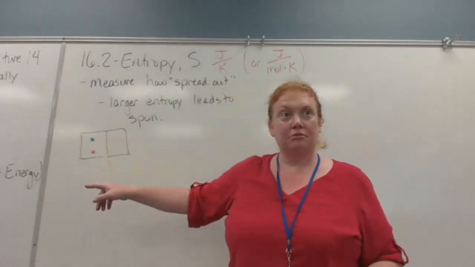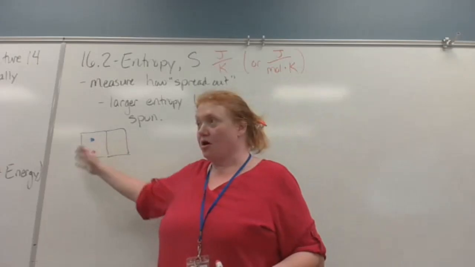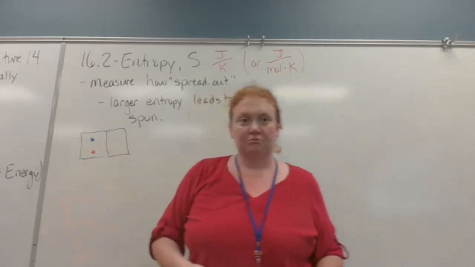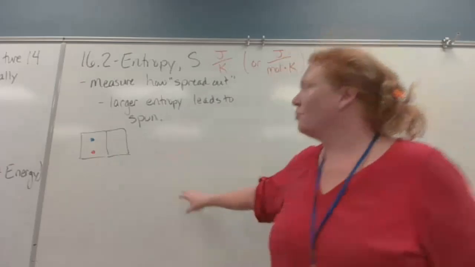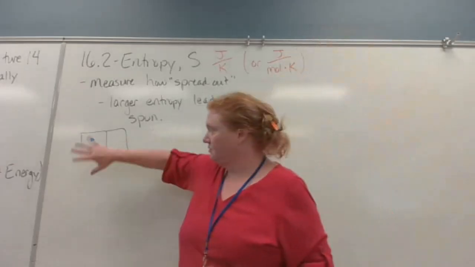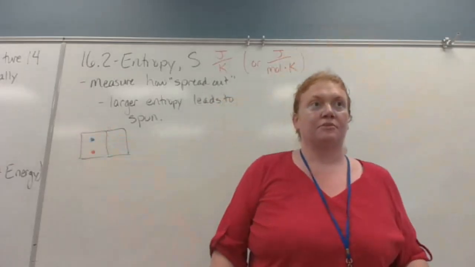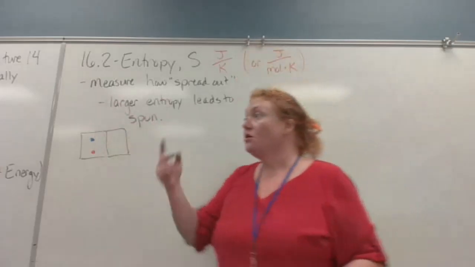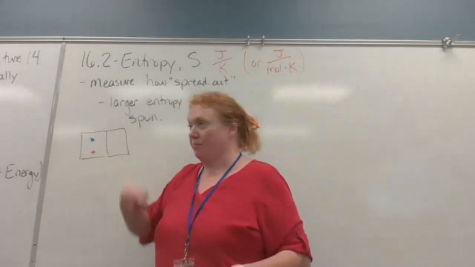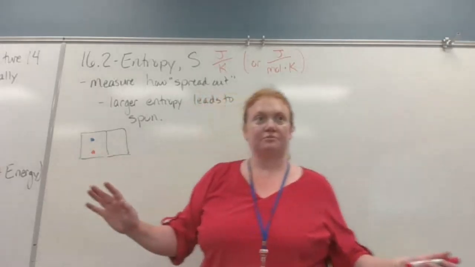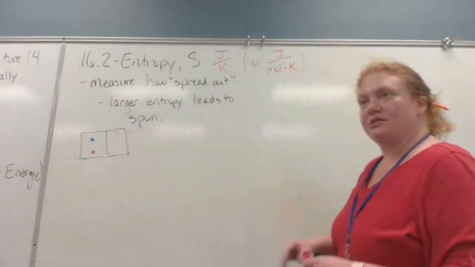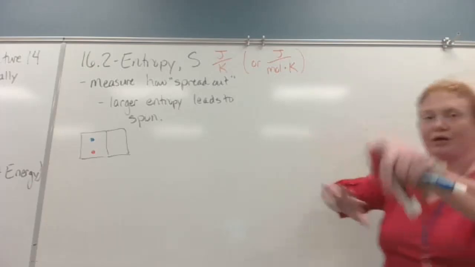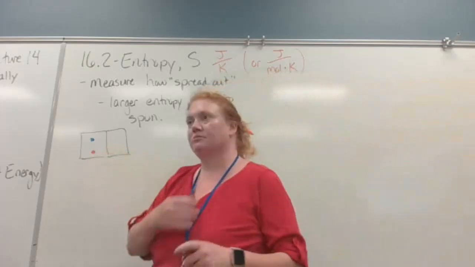These two particles can go in either box. How many other ways can you come up with to draw this system? You have to have two boxes. You have to have a blue particle and a red particle. That's your conditions. How many other ways can you come up with to spread out these particles?